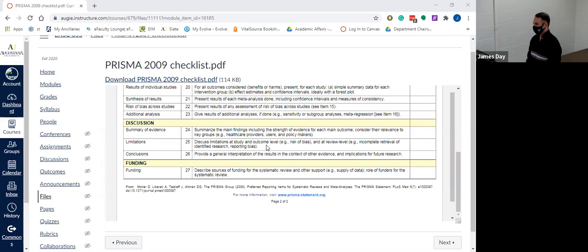The second section then is your limitations. This really is going to discuss anything you wish was different. So some of those could be, gosh, there just were not a lot of articles, and I wish there were more articles.